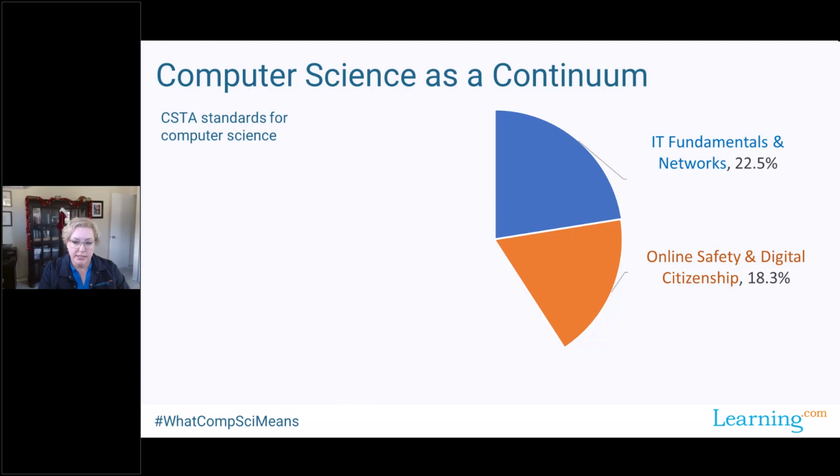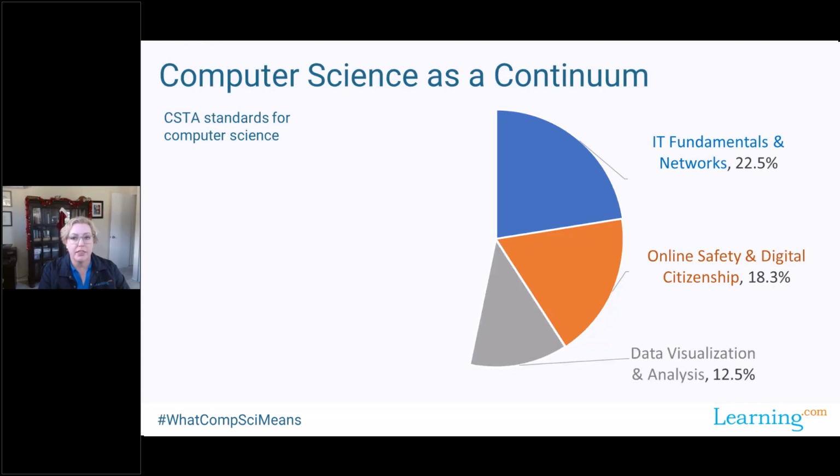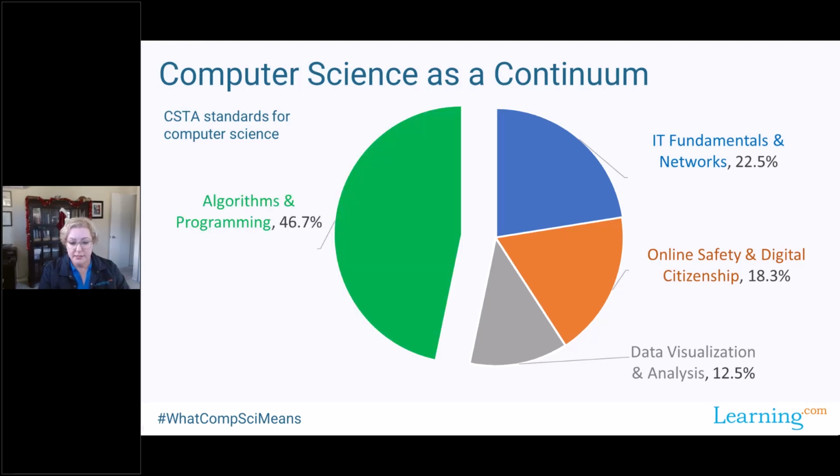And data visualization and analysis makes up 13%. So that's 54% of the whole pie chart here of the standards that make up the computer science standards. So what we traditionally think of as computer science, coding, algorithms, is really just half of the pie.